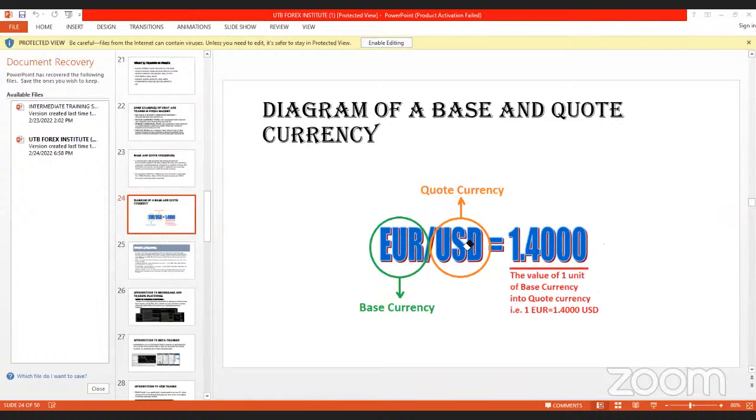If you want to buy USD against Euro in your chart, because the chart is seen as Euro USD, what you're going to do is sell. That means Euro is depreciating in value against USD, and USD is gaining strength over Euro. So in your chart, what you click is a sell on Euro USD. If you click a sell on Euro USD, it means you're selling Euro and invariably buying USD.